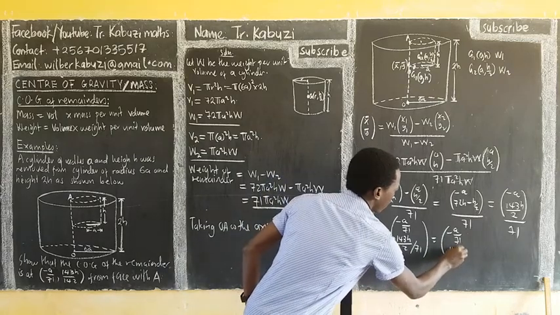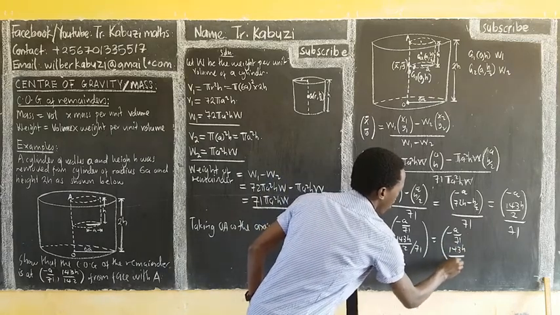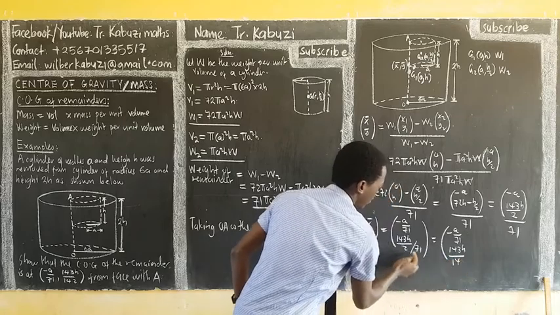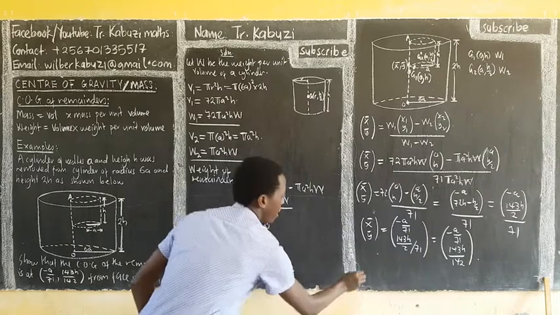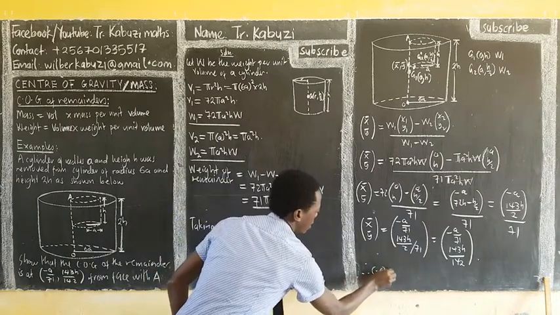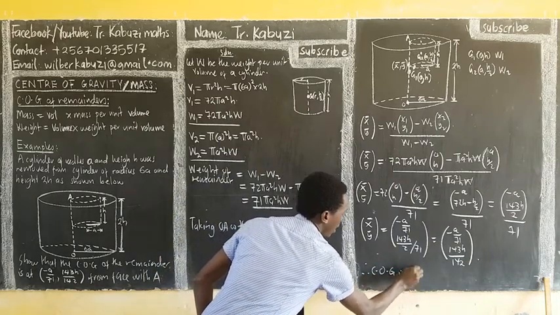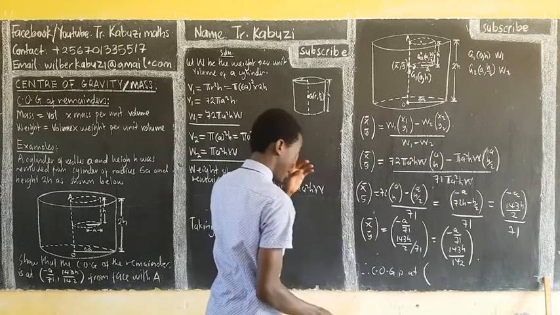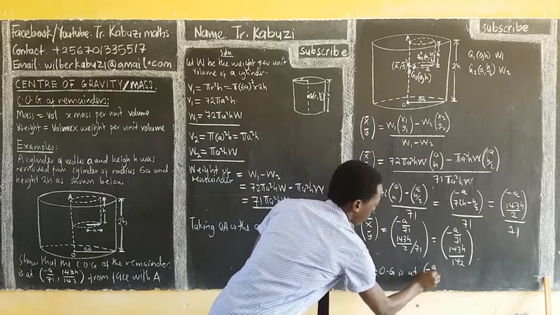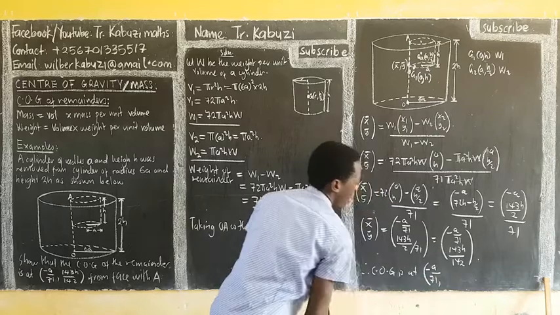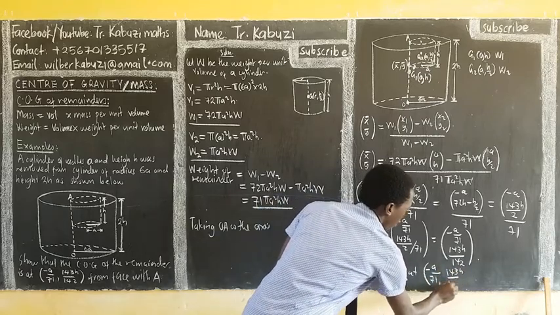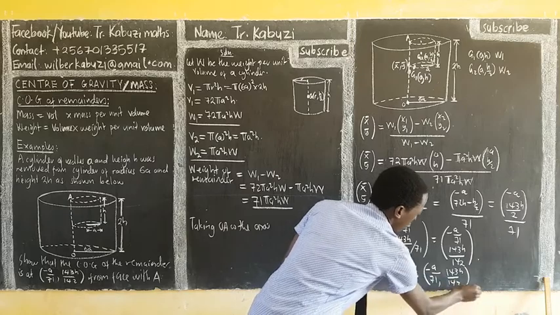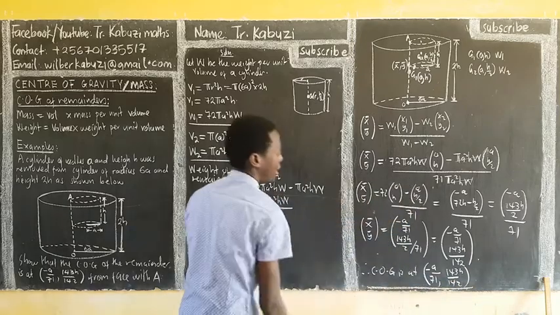So I have 1 over 3h over 1 over 2 times this with this. Therefore, my center of gravity is at the x coordinate, negative a over 71, and y coordinate 143h over 142. Simple as that.